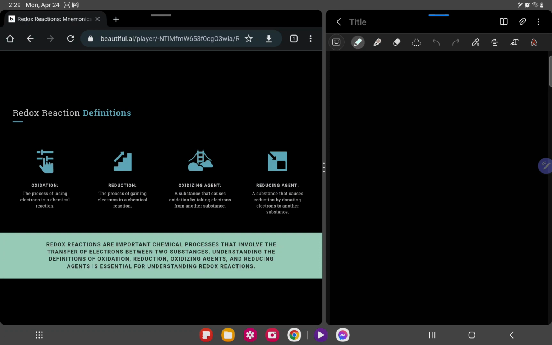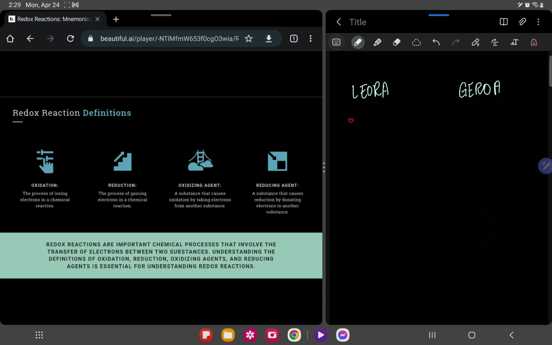My mnemonics are LEO and also GER. If you have other mnemonics that work best on this type of discussion, you can use them. But for me, this one's the best mnemonic that I've been using for over a year already.